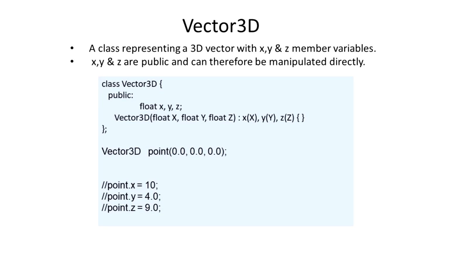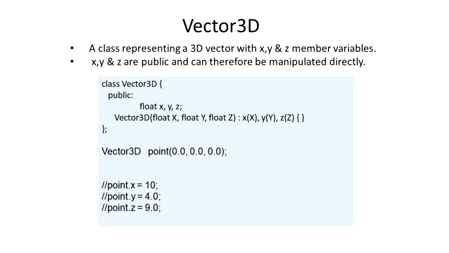And here we've got a class definition for Vector3D. So as it's 3D, it's going to have 3 points. And you'll see here we've got data members for X, Y, and Z coordinates. These are built as float types. And we've just got a non-default constructor that assigns the values passed in to the data members.